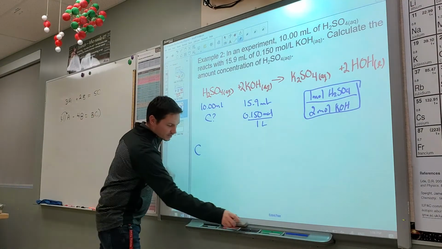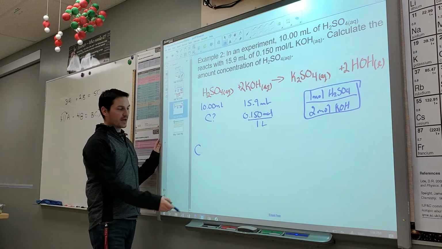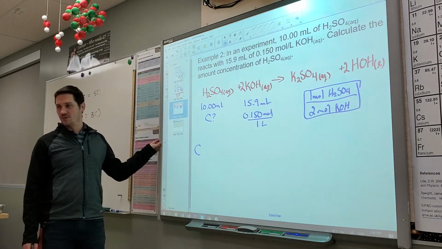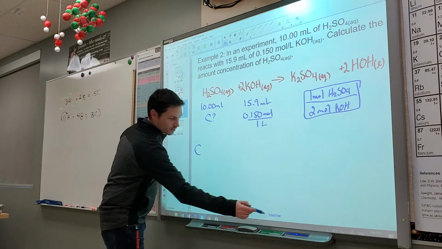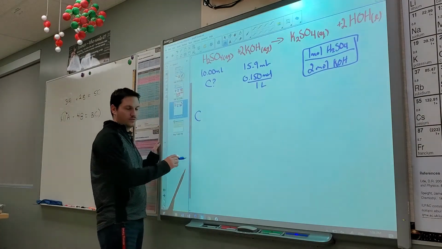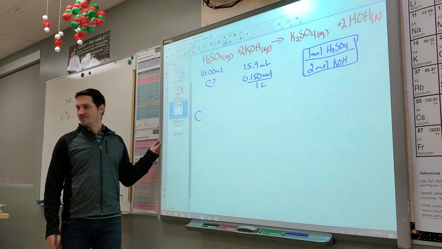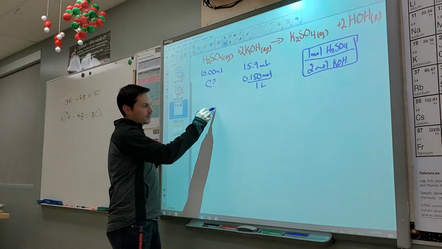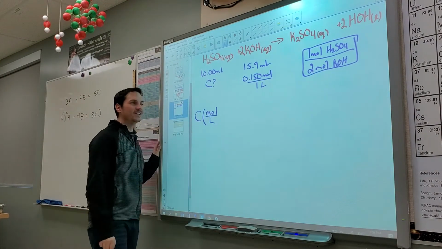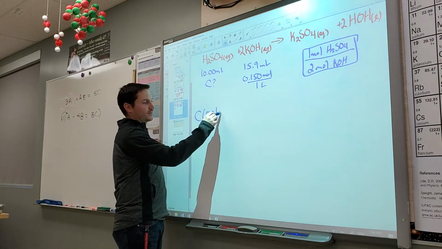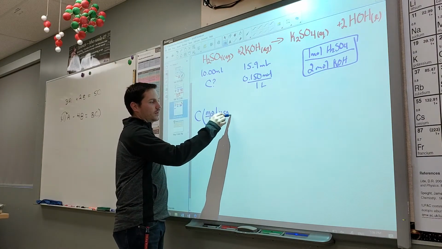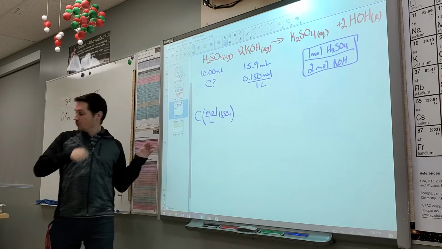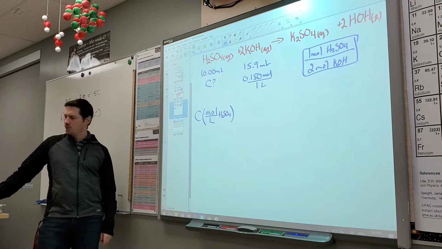Akua, because you threw Maddie under the bus, what is concentration always measured in? It's measured in moles? Well, moles is part of it. There you go, moles per liter. Perfect.